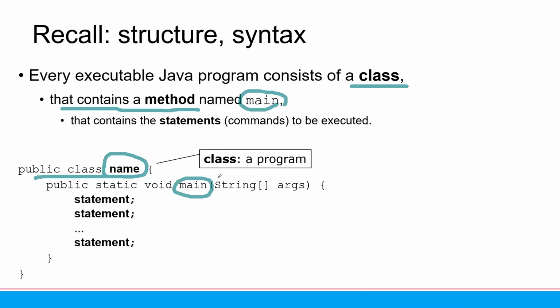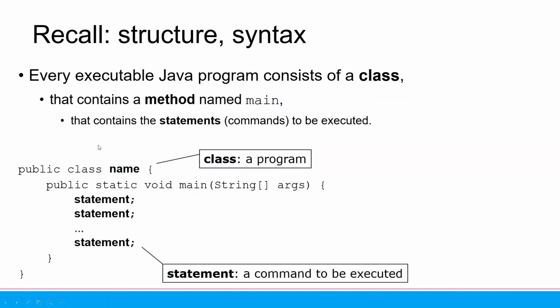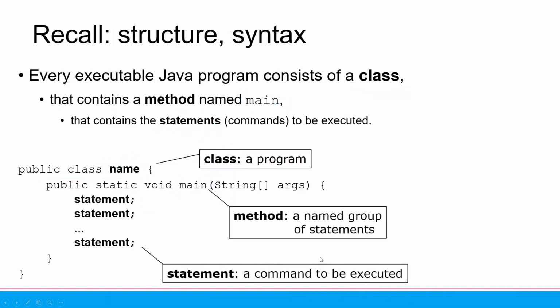And every Java code contains statements. When you execute those statements, then it will run, maybe it will show the output, or it will show your program, etc. So we have class, and then we have the main method, and we have statements. So the class is the program, then the statements is a command to be executed, and the method is a named group of statements.